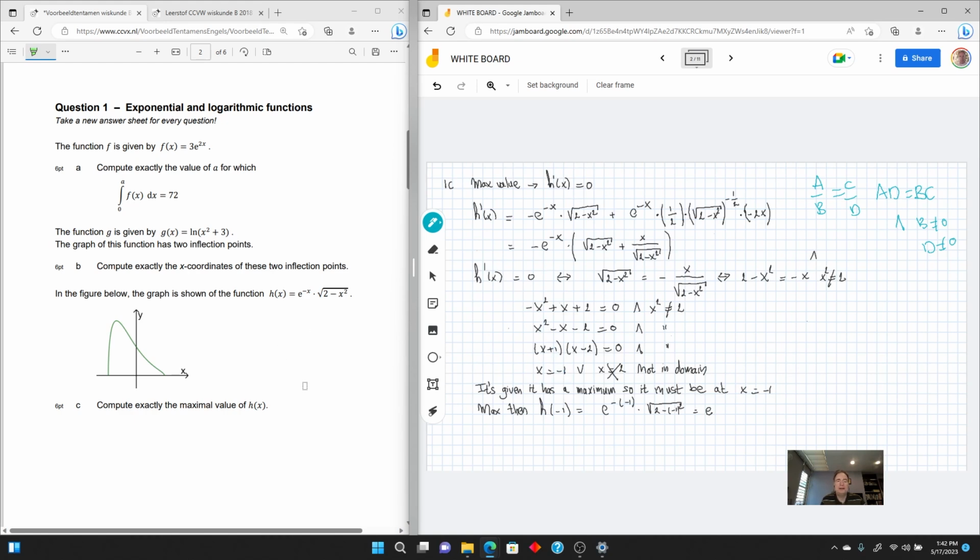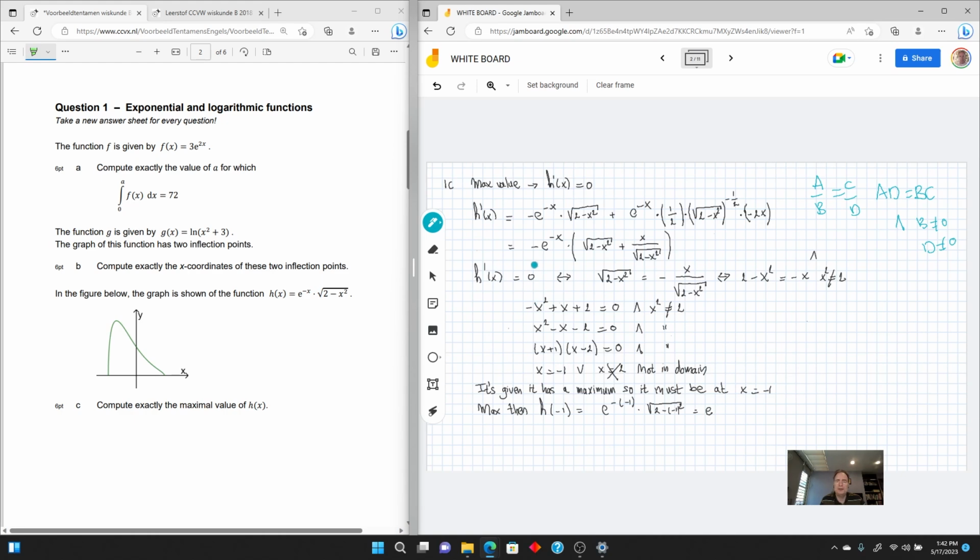It doesn't mean that it's necessarily a maximum, but they already say that it has a maximum value. They ask us to calculate it. So actually, I don't think you have to show here that it's a maximum value.